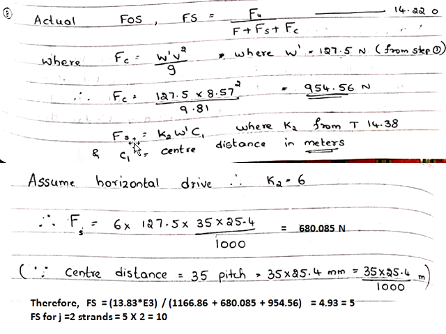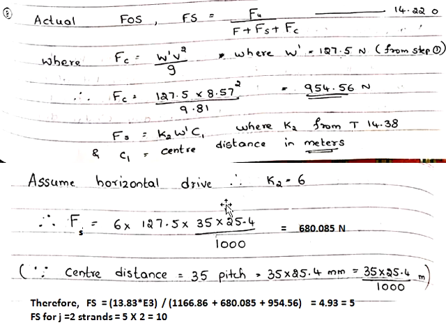And to find out Fs, the equation is K2 W dash C1. K2 value you can get from table number 14.38, and C1 is the center distance in meters. That should be in meters, remember. Assume a horizontal drive, therefore from table number 14.38 you will get K2 value as 6. Substitute all the values in the Fs equation. Here the center distance is given in the question as 35 pitches.